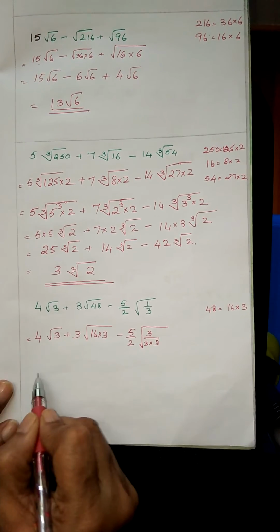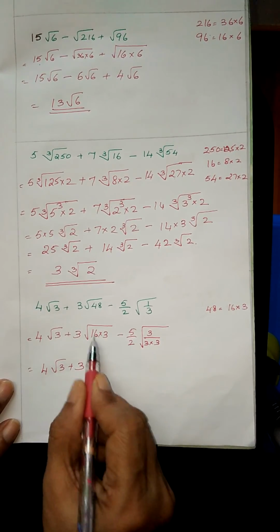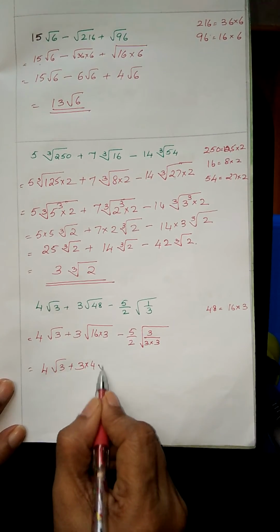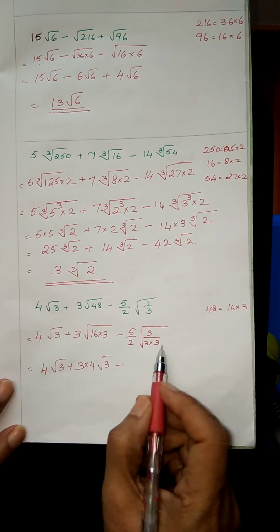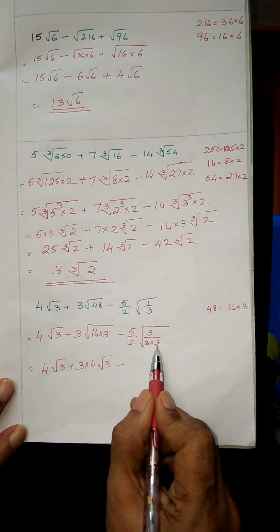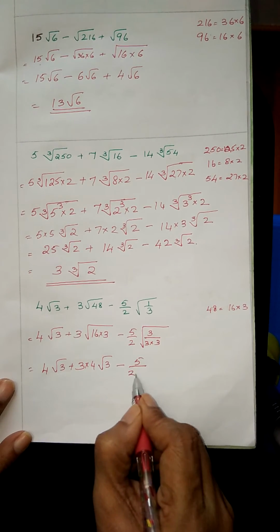This is equal to 4 root 3 plus 3 into 4 can come out, root 16 is 4, so 3 into 4 into root 3, minus, now here 5 by 3 into 3, root of 3 into 3 is 3, so 5 by 2 into 3.